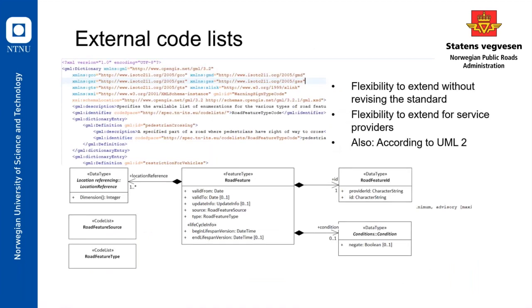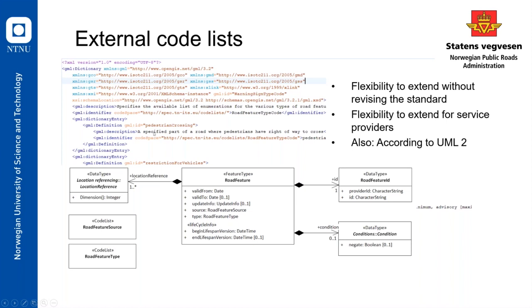So instead of having a code list of road feature types in the model here, we have an external code list that describes the different possible values that you can use as road feature types. What this does is that it gives us the flexibility for extending the code lists without necessarily revising the standards. I believe Martin will talk about the process related to that later.